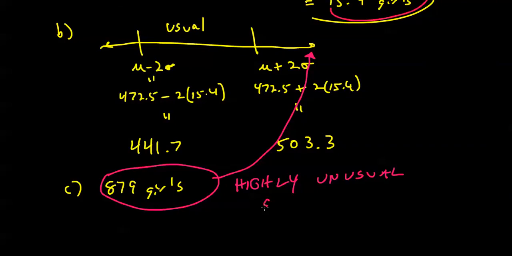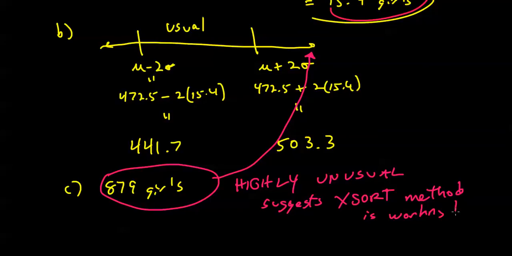So this suggests the XSort method of determining gender of a child is working. Okay? Doesn't prove it, but certainly highly suggests it. All right, this concludes section 5.4, parameters for binomial distribution, and that is all for today.